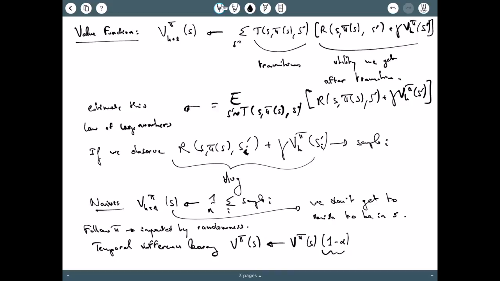Typically this will be something like 0.5. And then you give a weight of alpha to the new sample, which is this here. Progressively, you're going to update this estimate of the value in state S for that policy.